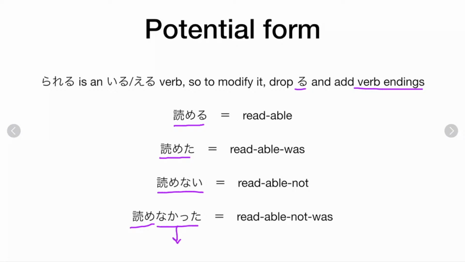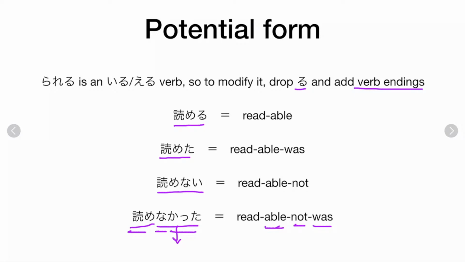So couldn't. So read can, not was. You see how this works? Yome nai, and then nai becomes nakatta. So read can, not was. And that tells you all the modifiers and how they're linking together to form the full thing.